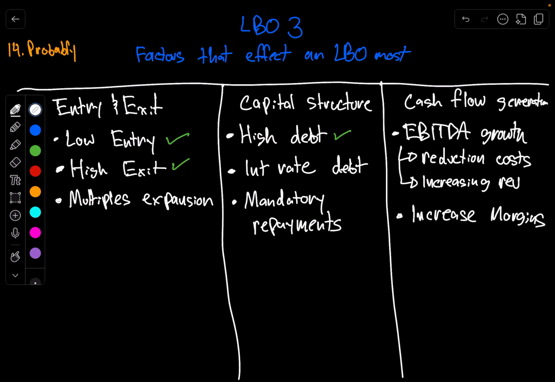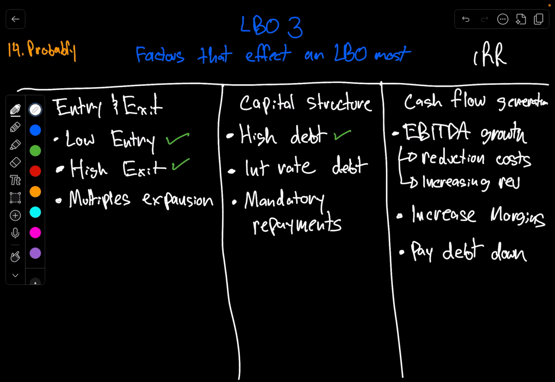That's going to lead to us having more cash flow generation overall. And then if we're able to pay down debt, right? So if we pay our debt down, that's going to lead to us having more equity in an LBO, and that's going to lead to us essentially having a higher internal rate of return in most cases, right?